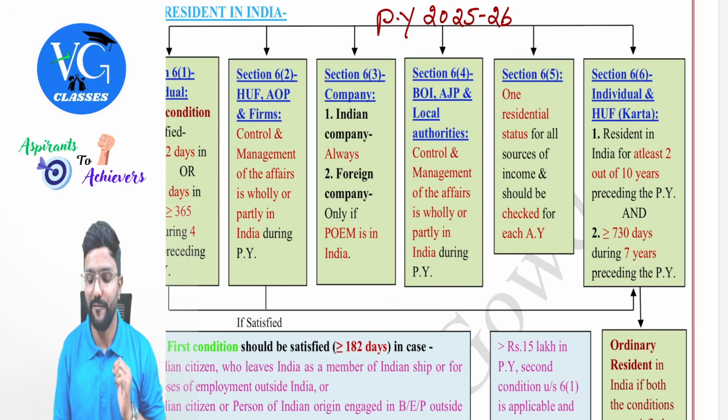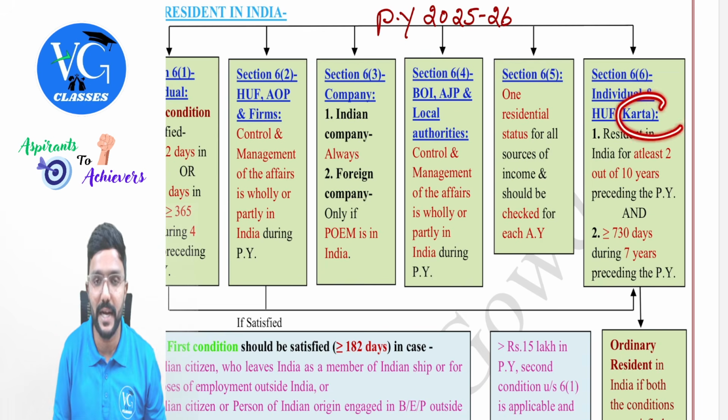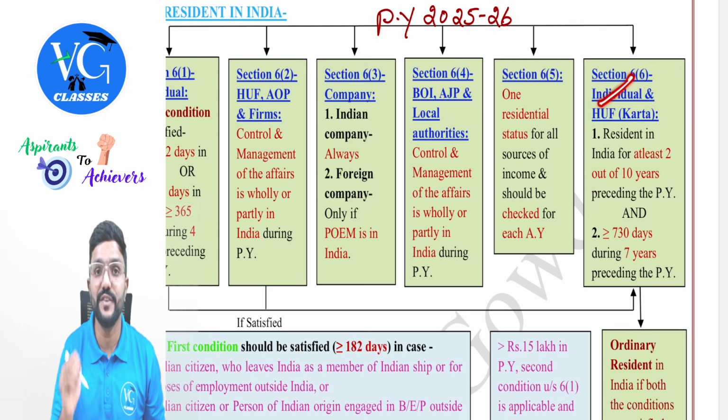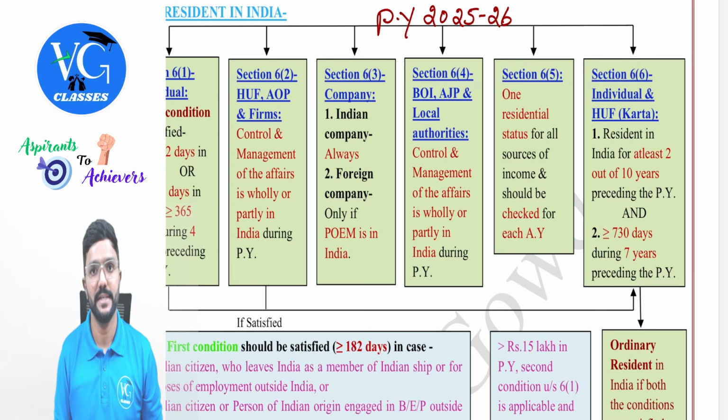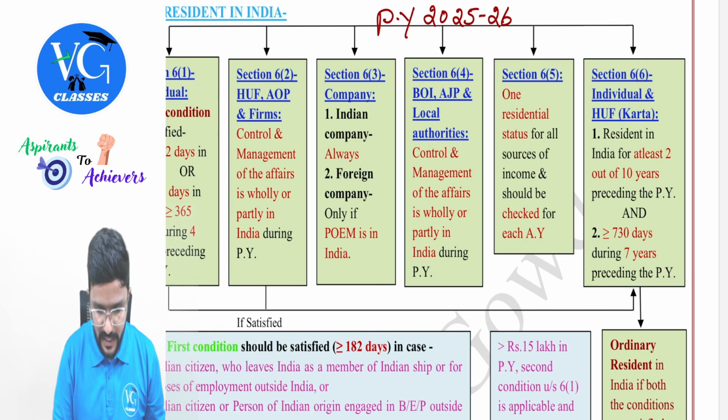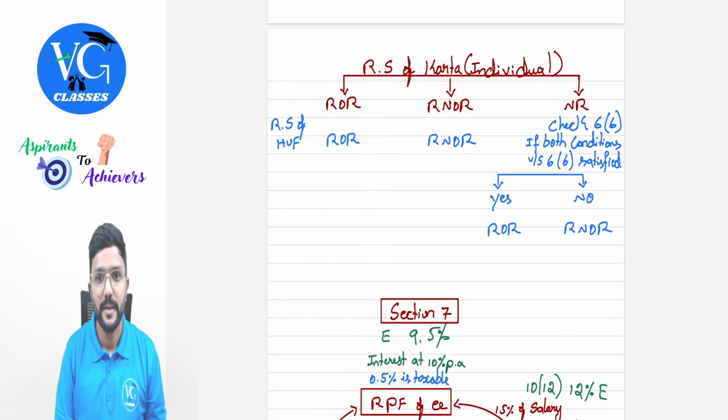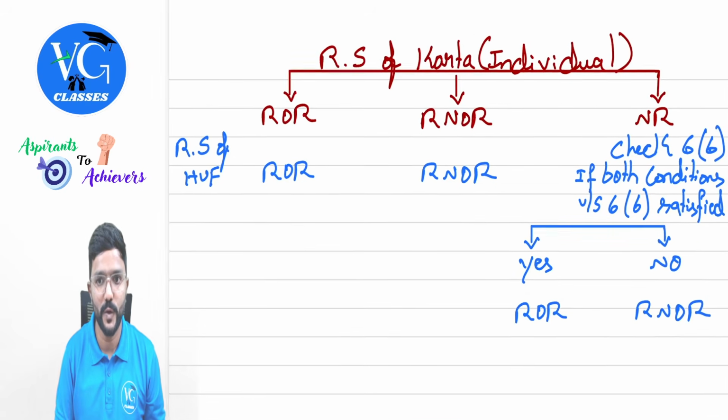Clear? Yes, if both the conditions given under section 6 are satisfied by the Karta, then HUF is said to be ordinary resident. If not, then HUF would be not ordinary resident. Is that clear? Yes, I would just like to explain this with a chart. Pay attention. Look here.